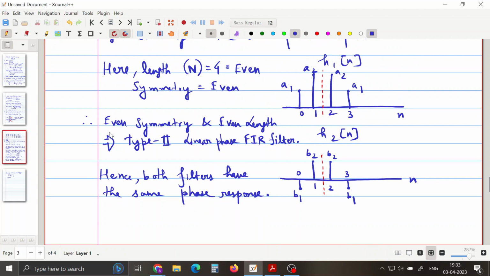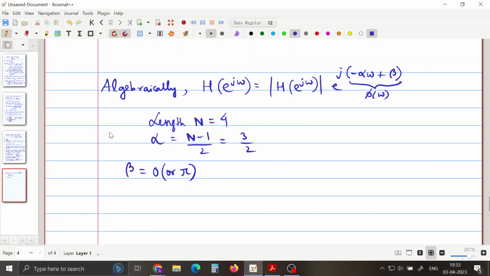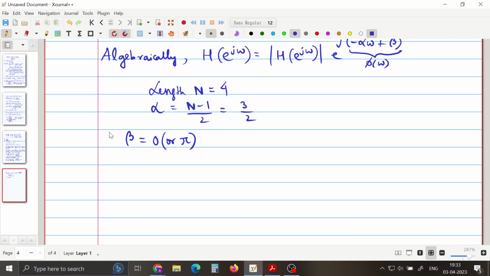So both here the filters are type 2 filters. While calculating the characteristics of the type 2 filter, when we checked for the non-trivial solution case of the linear phase for type 1 and type 2 filters, we put beta equals to 0 there, and it's also valid for beta equals to pi as well.